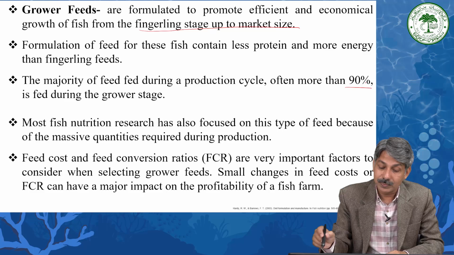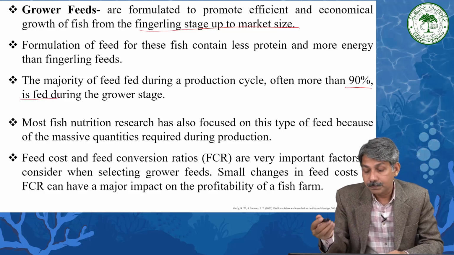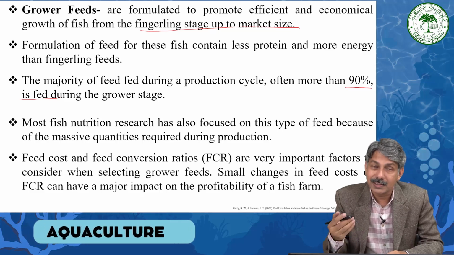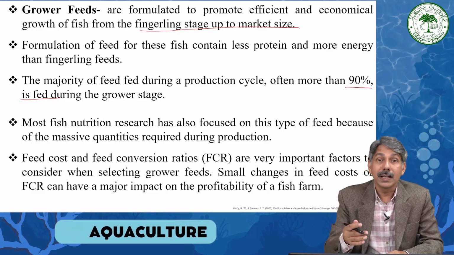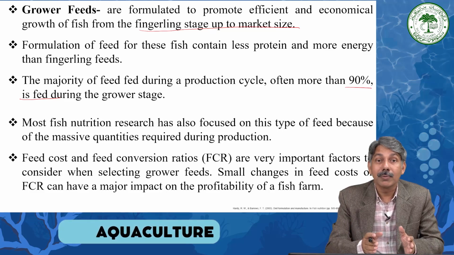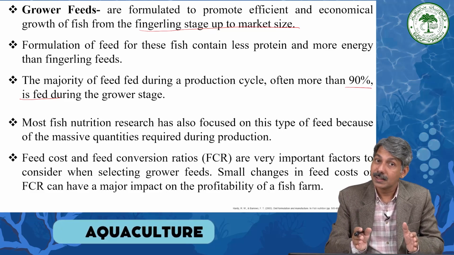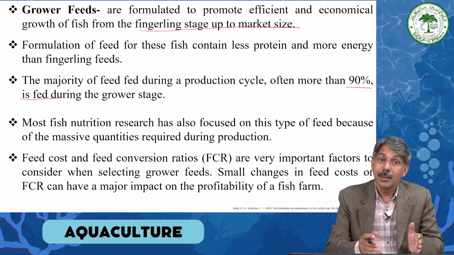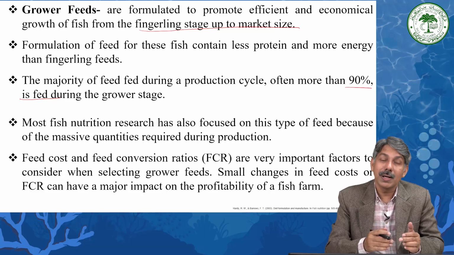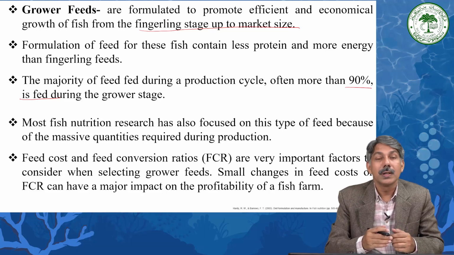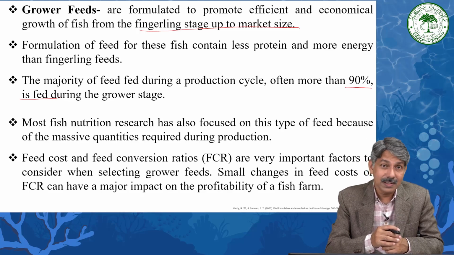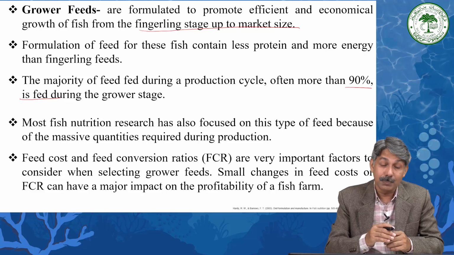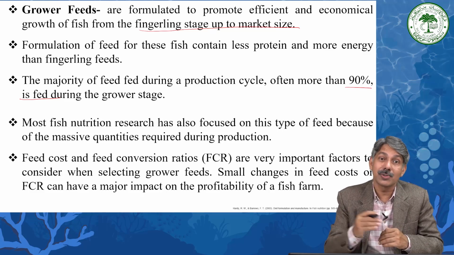That is something to consider, because when the fish come to the grower stage, after the fingerling stage, they have more weight. Although growth rate has declined, they have increased in weight. And that means that if their food ration as a percent of body weight has decreased, maybe even to 3% of their body weight, since body weight has increased, that 3% is also significant.